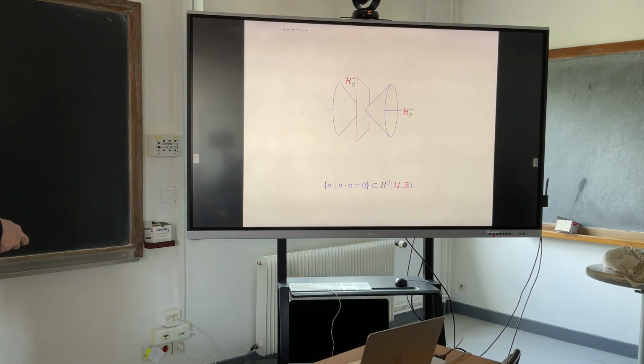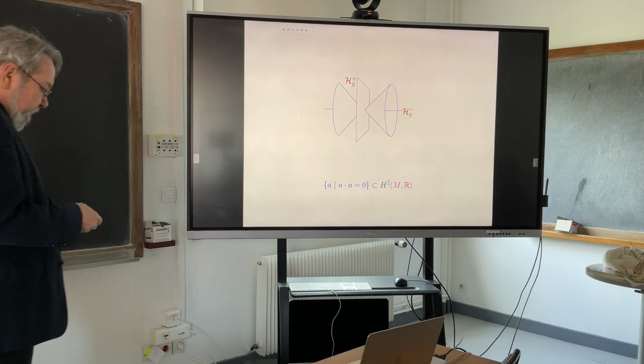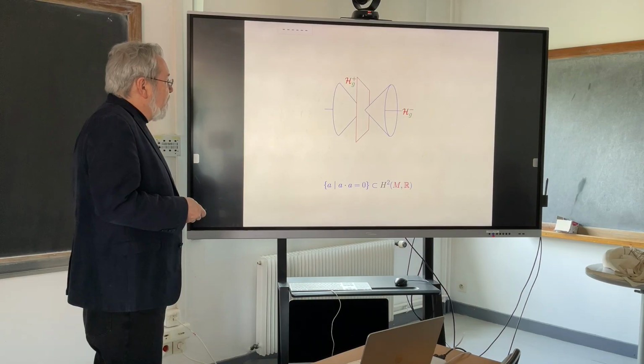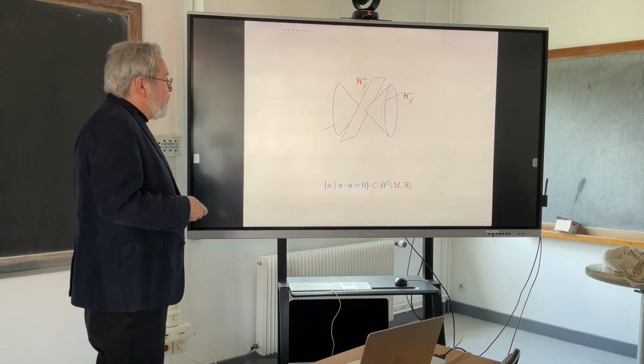Just for emphasis, there's a nice null cone in the second cohomology consisting of things that have intersection product with themselves equal to 0. That's the cone. H plus is on one side of it, H minus is on the other side. That's a statement that doesn't depend upon the metric, but actually as you change the metric, this decomposition changes.